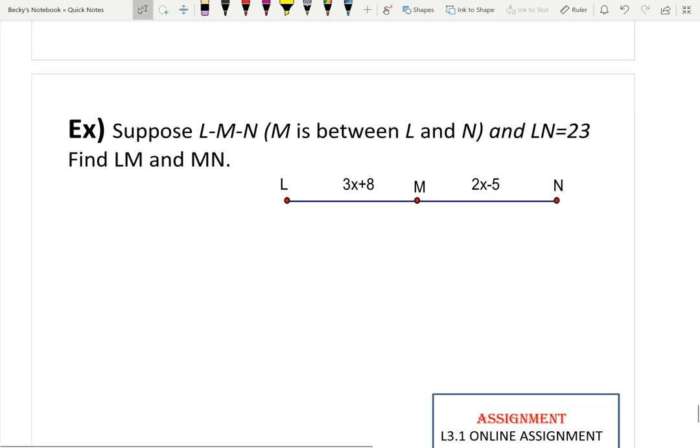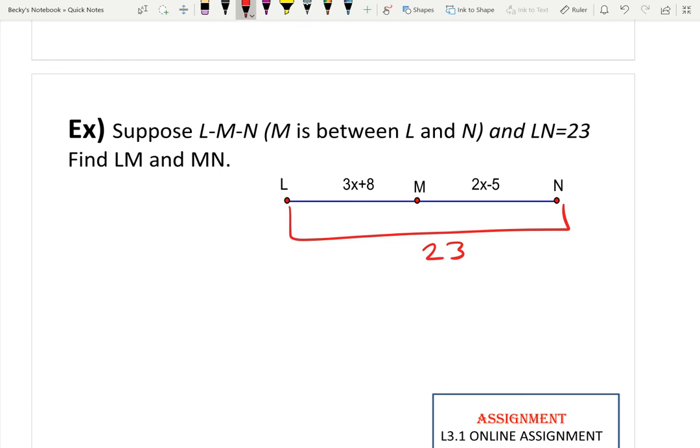Okay, so suppose M is between L and N. And they tell you L to N is 23. Now, what this means is find the measurement of LM and MN. I don't want the expression. I want to know the actual number.